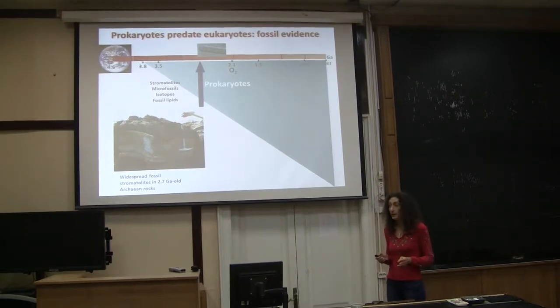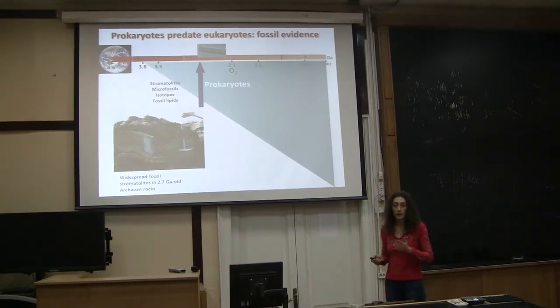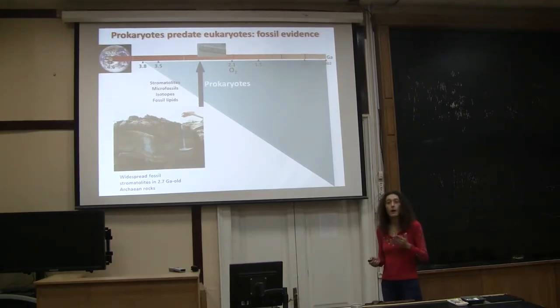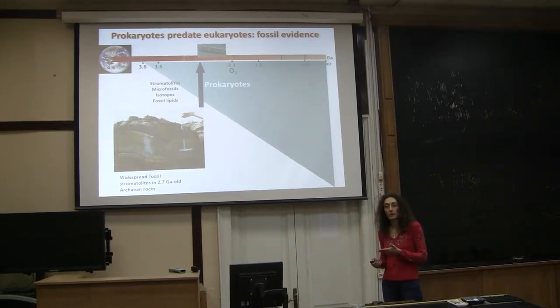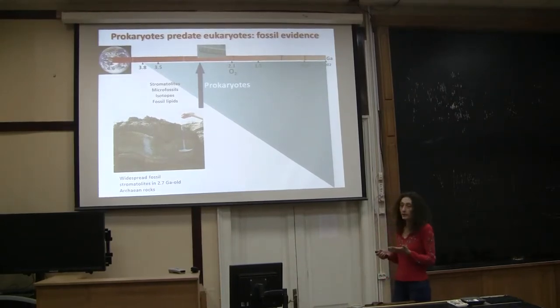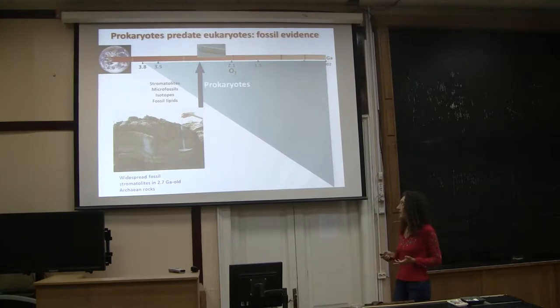And this oxygen is the byproduct of oxygenic photosynthesis. Oxygenic photosynthesis has only evolved once, in cyanobacteria, and all the plants and all the eukaryotic algae have inherited this capacity from the endosymbiotic cyanobacteria that now are the plastids.